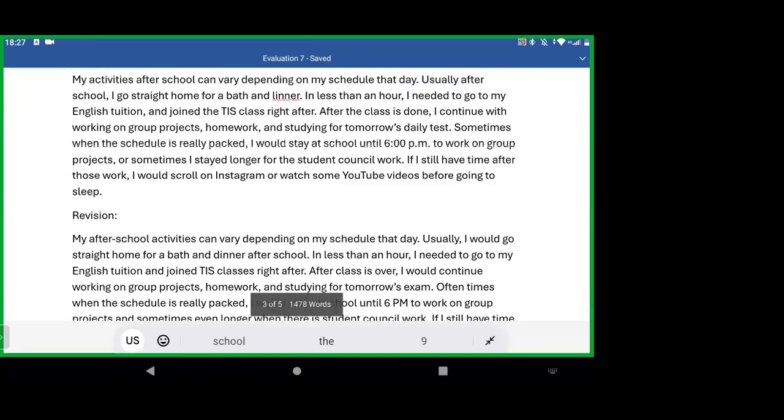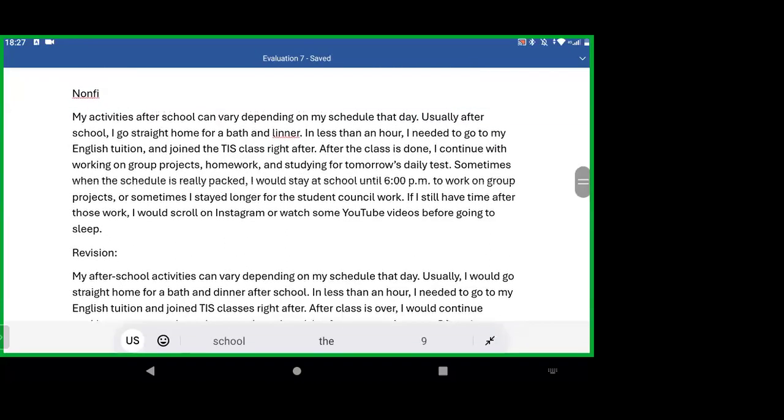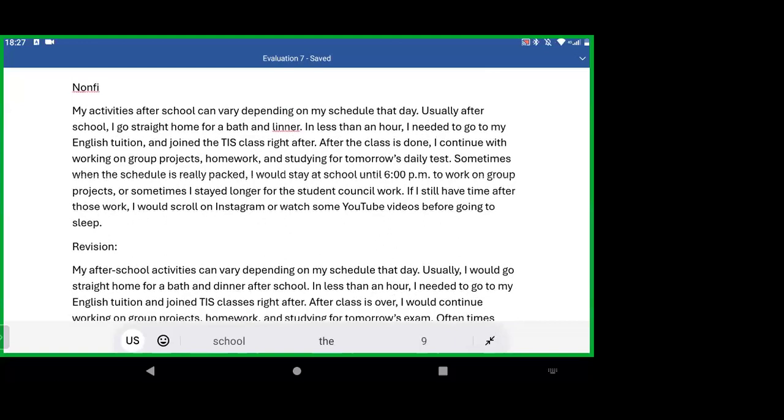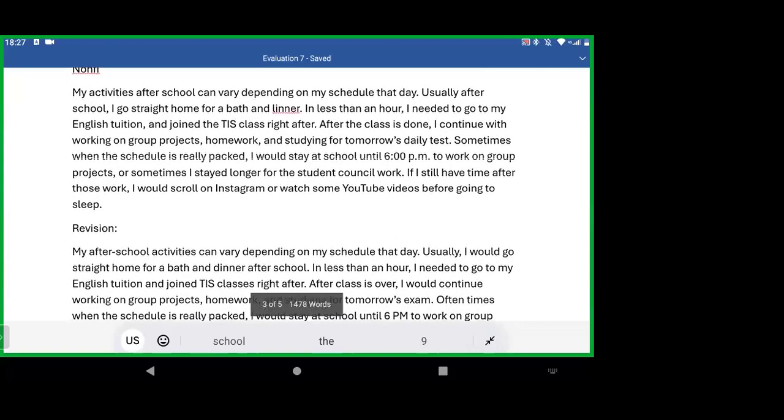That's all. And then, "usually after school, I go straight home for a bath and dinner." I'm not sure, I think that must have a typo, so I changed that to dinner. Correct me if I'm wrong. Anyway, usually, at the comma, I would go straight home for a bath and dinner after school. Hold on a second. Usually after school.